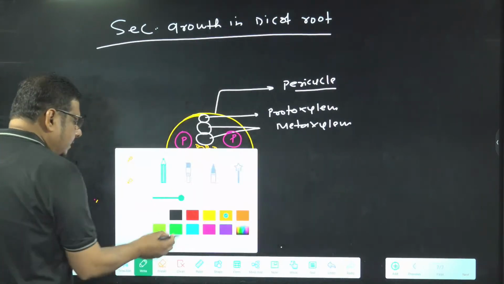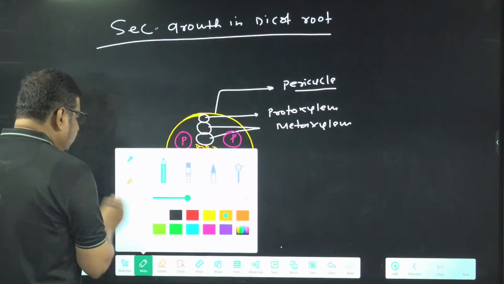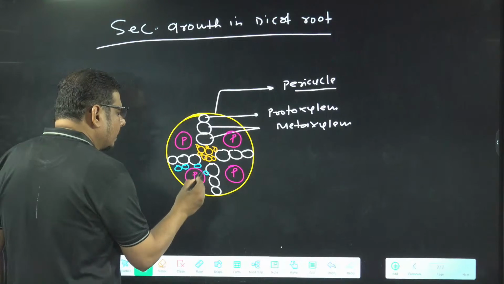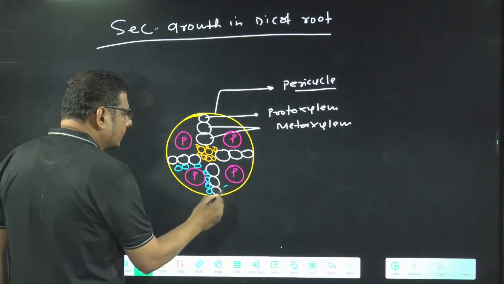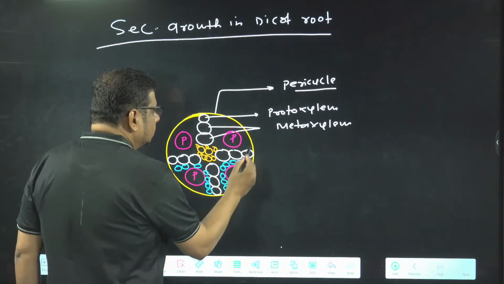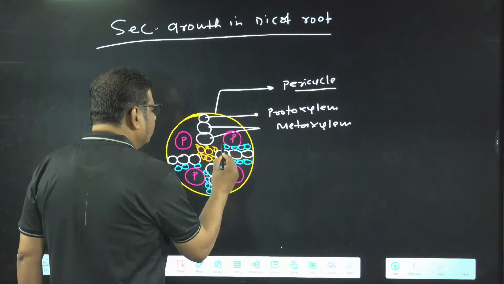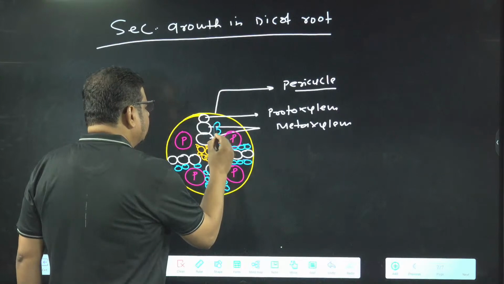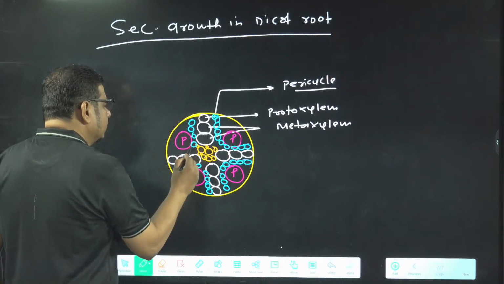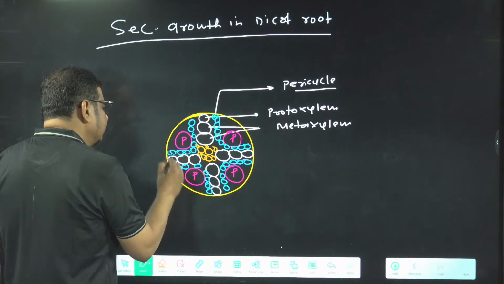Now between xylem and phloem, what is there? Parenchymatous conjunctive cells are there. These conjunctive tissues are made up of parenchyma, and they are present between xylem and phloem. Is it clear?